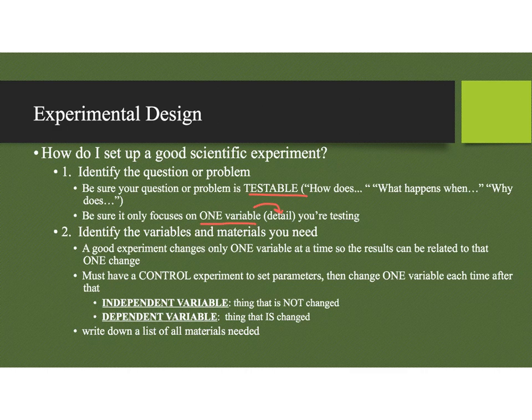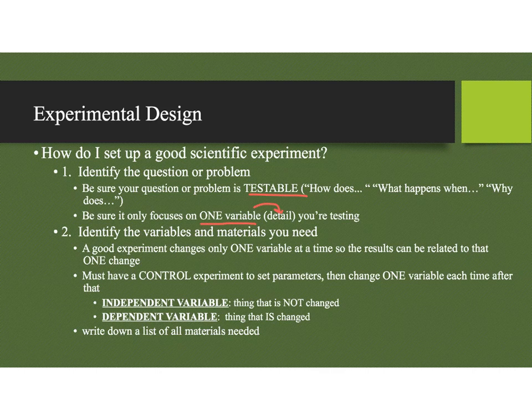You don't want to focus on size too. So you don't want to say, what color and size do birds like the best? You want to focus on one variable at a time. You may focus on color in one experiment and size in another, but typically you always focus on one variable at a time.